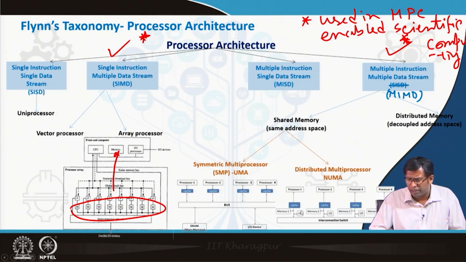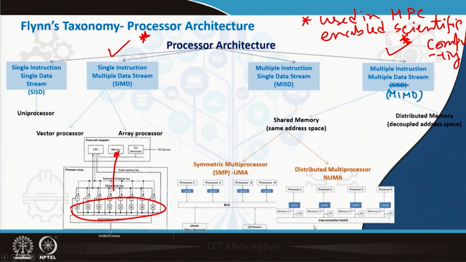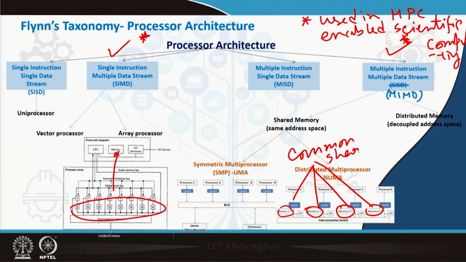Then there can be a distributed multiprocessor, or non-uniform memory access, where different processors have their own cache and own memory, and these processors are connected through an interconnect switch. Though all these memory units are physically different, they are mapped into a common shared address space.